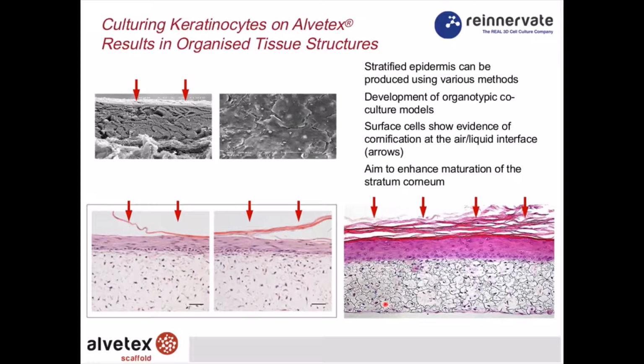We have Alvetex, first of all, impregnated with dermal fibroblasts. This is a primary cell type, human in both examples. That is established first prior to the seeding of keratinocytes on the surface, and then bringing the culture up to the air-liquid interface to result in the stratification of the top layers, i.e. the formation of the stratum corneum.